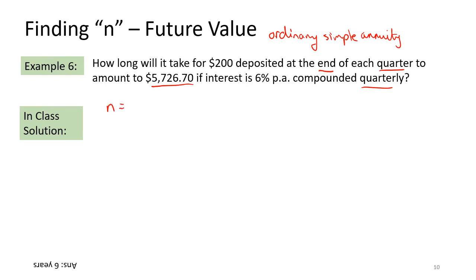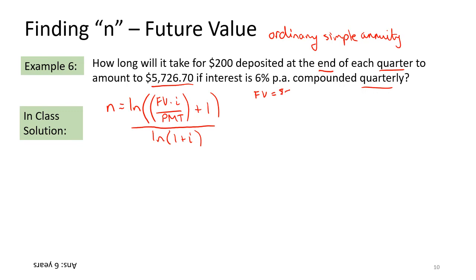So n is equal to the ln of the future value times the periodic interest rate divided by your payments plus 1, divided by the ln of 1 plus the periodic interest rate. So what we know in this problem, the future value is equal to $5,726.70.